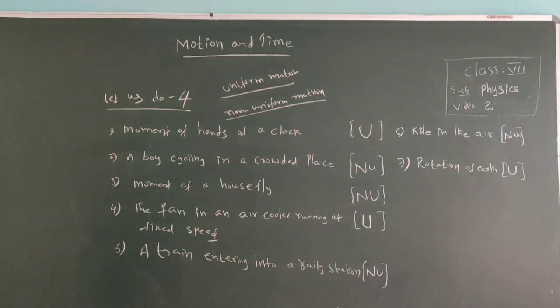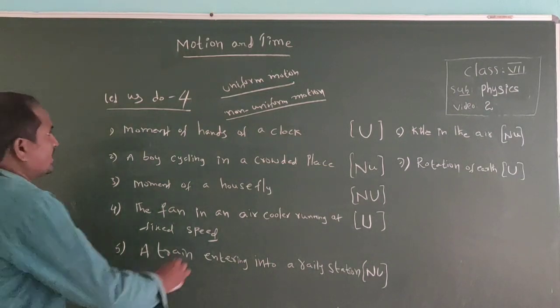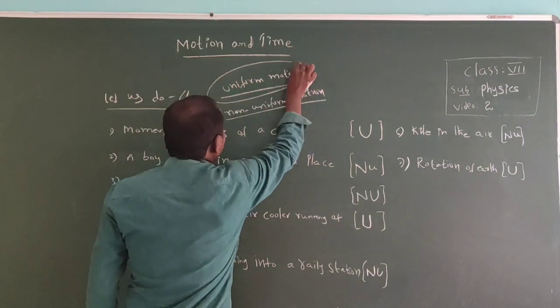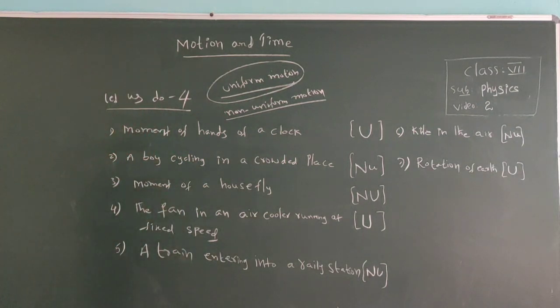Identify the uniform and non-uniform motion now. Listen once again. Uniform motion: if a body covers equal distance in equal intervals of time, then the motion is called uniform motion.